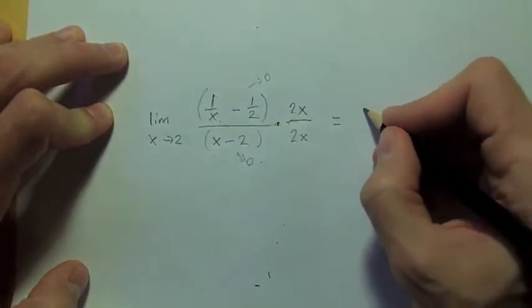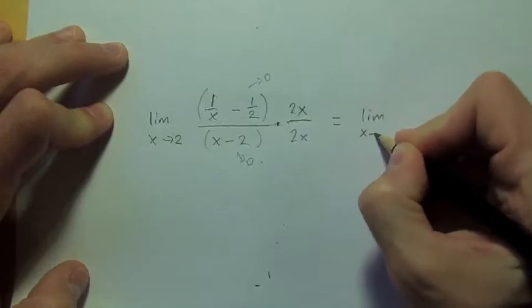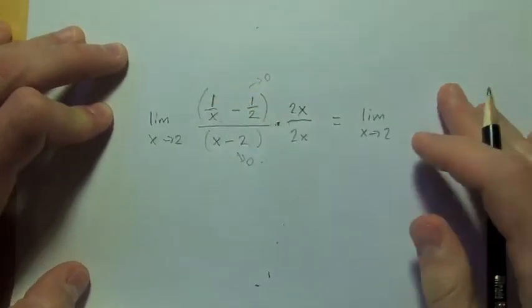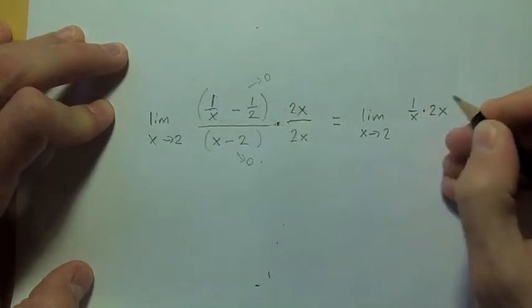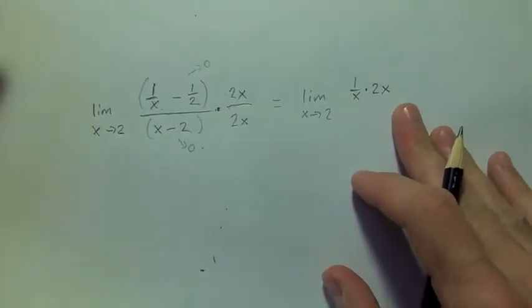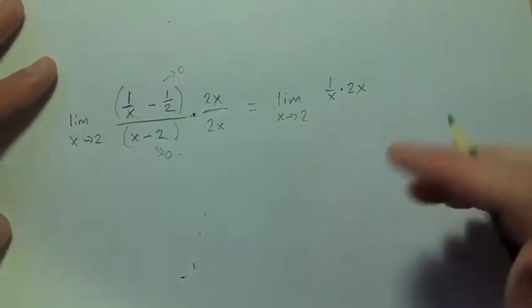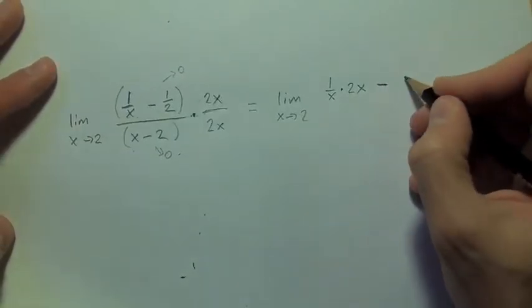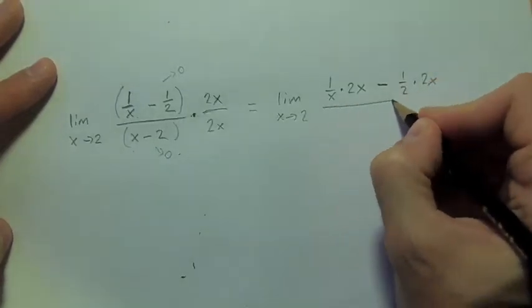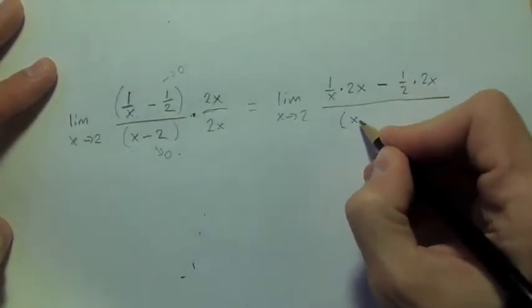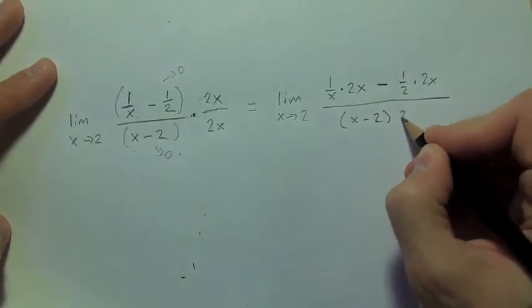Then there we go. What we end up with when we multiply this through, I'll do this explicitly, is 1 over x times 2x, minus 1/2 times 2x, all over, I'm just going to leave this as is, and you'll see why in a second.